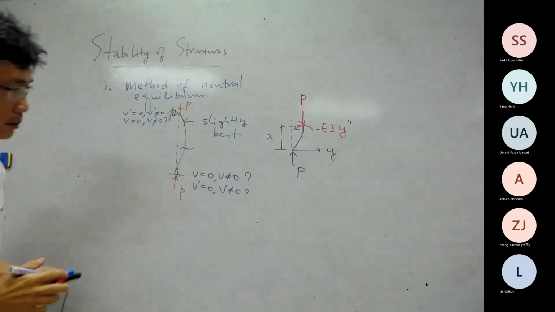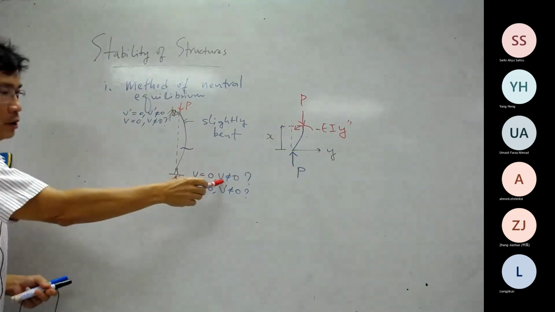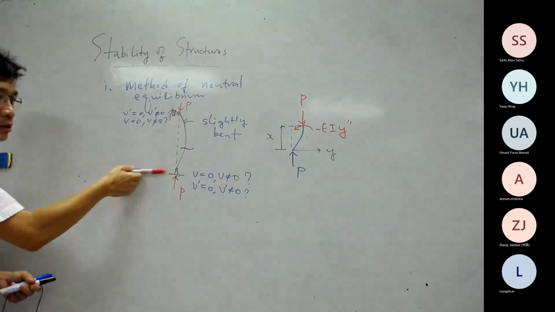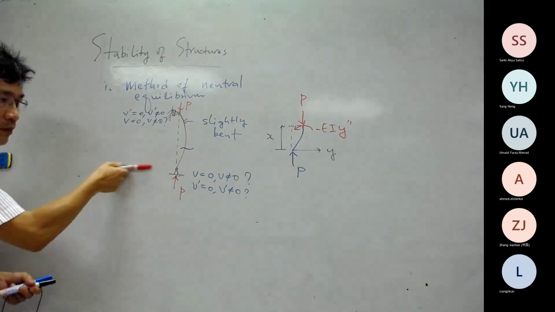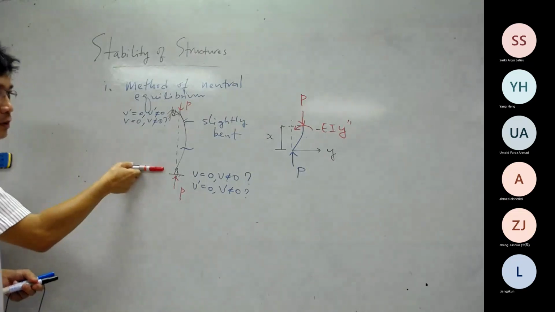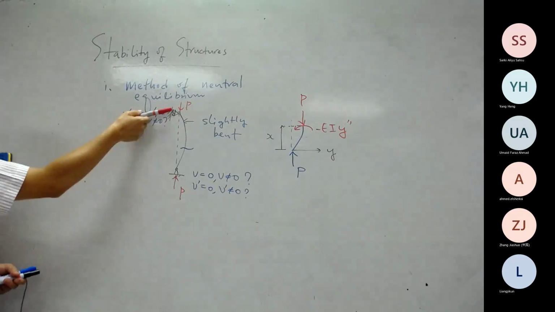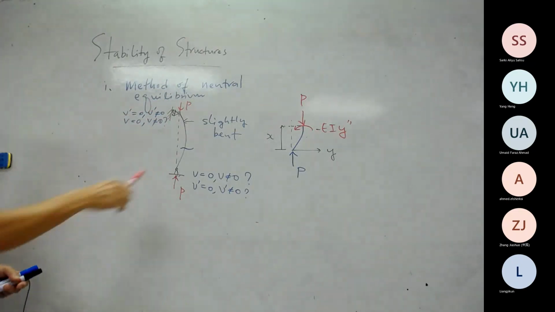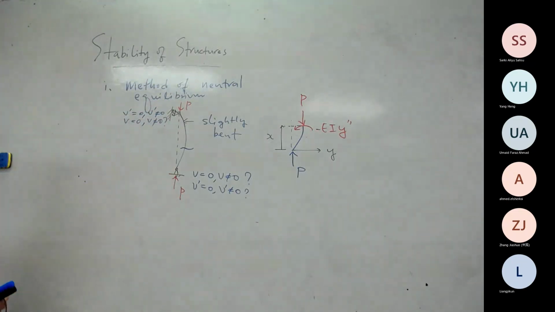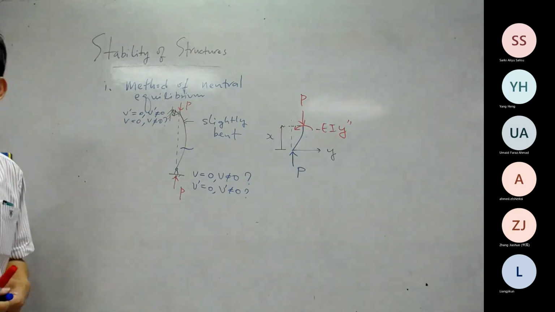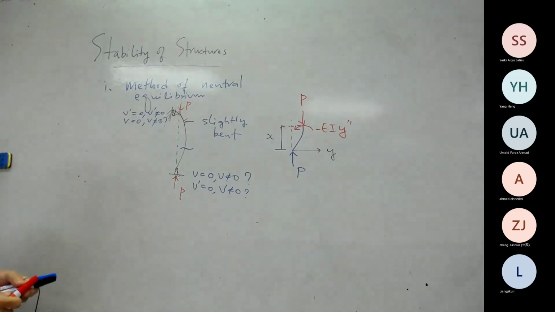Okay. And here, this is not allowed. So by right, if it is not allowed, we must have a lateral force. But if you put a lateral force here and consider moment at this point, the lateral force should be equal to 0 because there is no moment for the lateral force to resist.